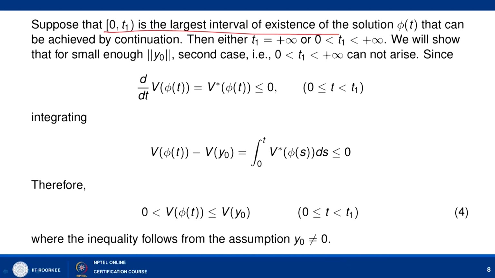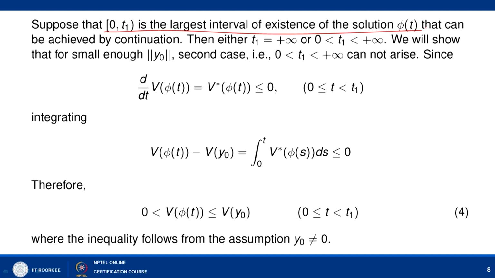It means that phi(t) is inside the sphere of radius r. So, suppose that 0 to t1 is the largest interval of existence of the solution phi(t). By repeated application of existence theorems, this is the interval where your solution exists, and phi(t) can be achieved by the continuation.